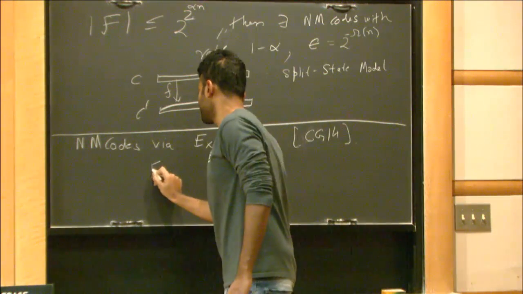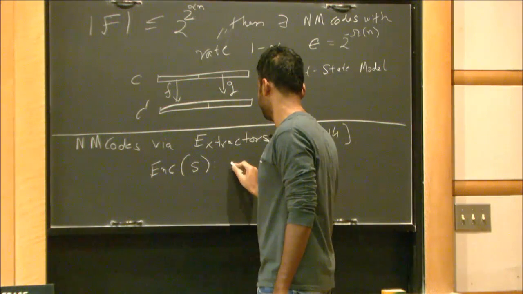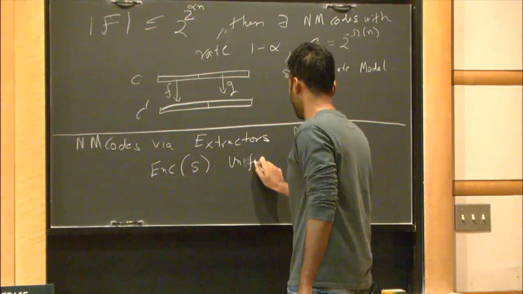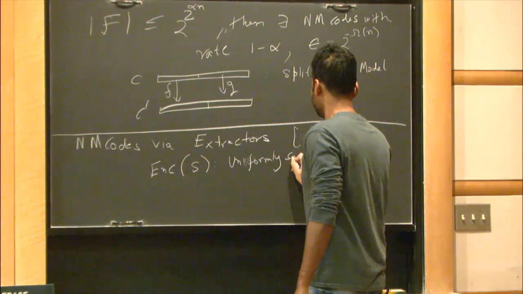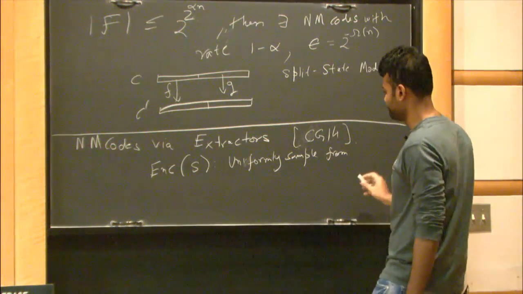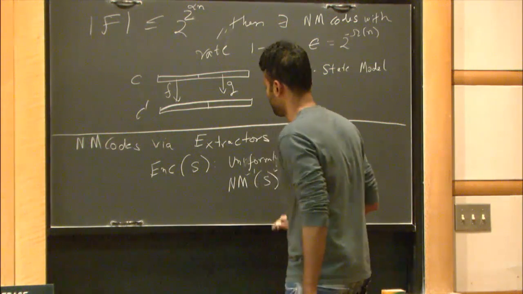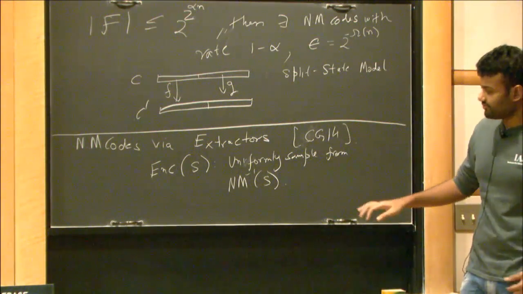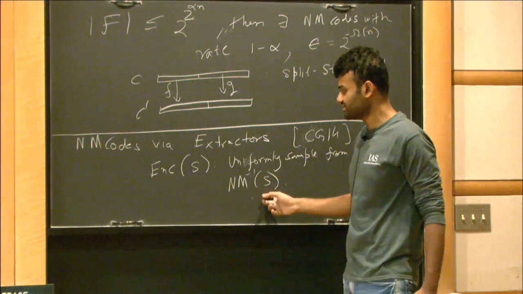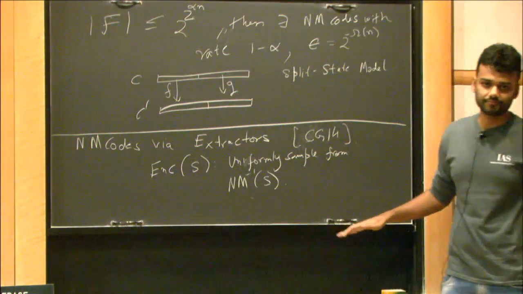The encoder of any message s is: look at all the pre-images, all the inputs for which the non-malleable extractor outputs s, and uniformly sample from this.